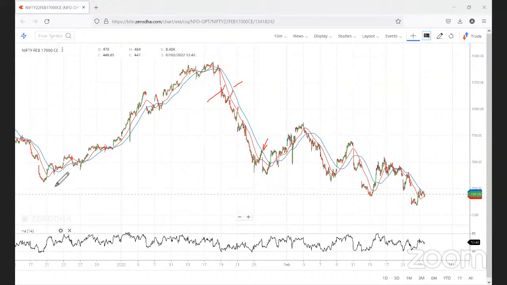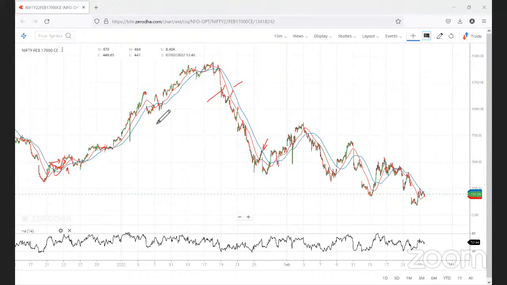What does it mean? Whenever price has crossed above from the bottom, along with that we see the red moving average crossing over the blue one, it's an opportunity to buy, when we see a higher high and higher low formation on the prices as well. So this has continued to work well.